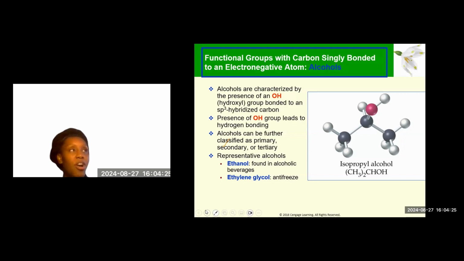So ethylene glycol is another one that you may be familiar with. Last is propylene glycol. This is found in cosmetics and food products, and so propylene glycol is something that is also popular.